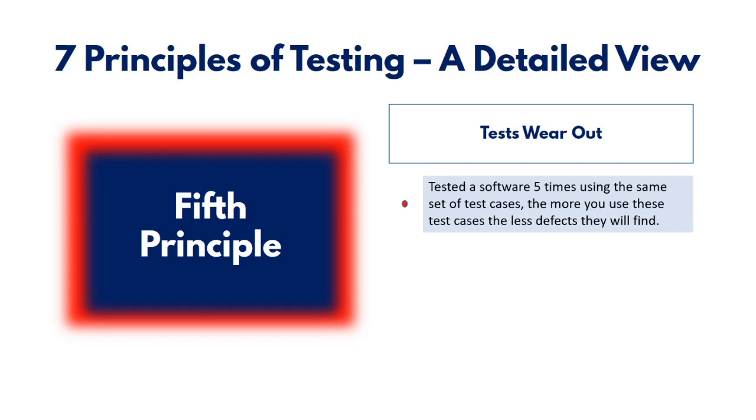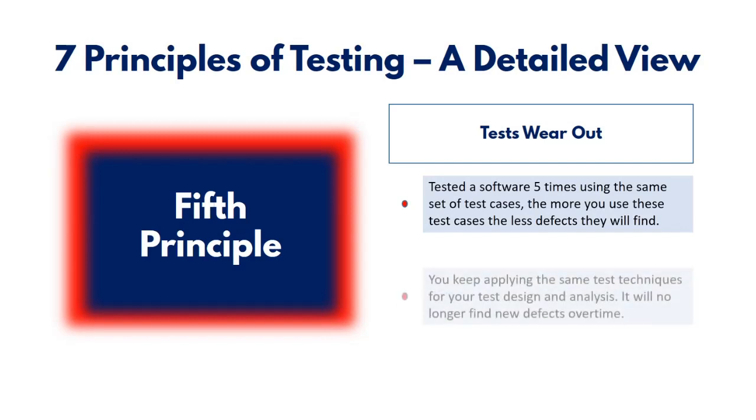So the more bugs that are discovered in the software system by these test cases or a particular test technique that you are using, the more you make use of this, it will get to a point that its potency will reduce because it would have discovered a lot of bugs and these bugs would have been resolved. And so the more bugs it discovers and the more these bugs are resolved, the fewer bugs it starts to discover over time.